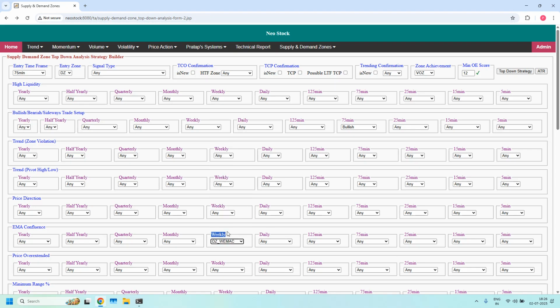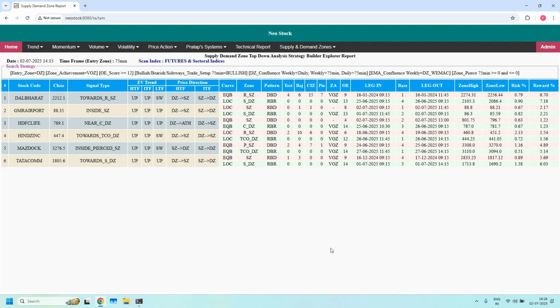Anyway, weekly trend is up in all those stocks. We got 6 stocks. So these 6 75 minutes demand zones might be having even more stronger institutional order flows, might be having more high probability to get success, provided lesson 20 checklist items are satisfied. Otherwise, zones might be violated. That you should not forget.